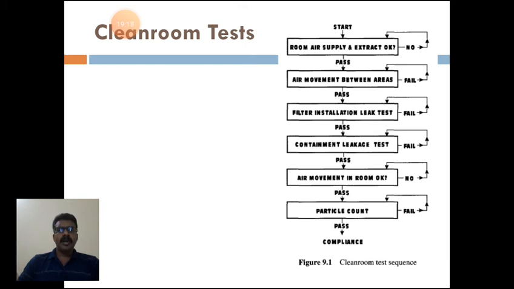A particle counter both counts and sizes particles in the air, whereas a photometer simply measures the mass of particles. A particle counter is an essential tool for testing and running clean rooms. Good second-hand models are often available at a modest price. So no clean room should be without this.